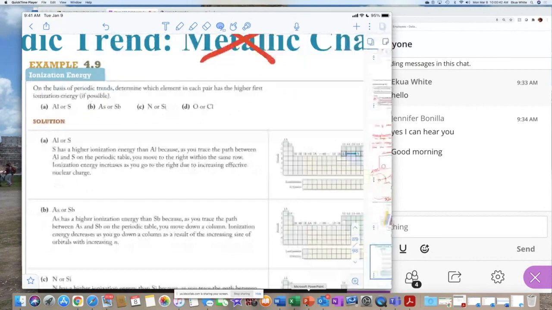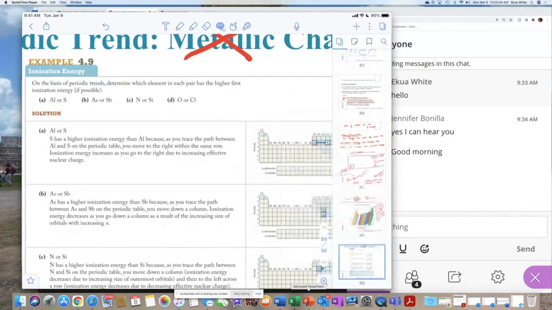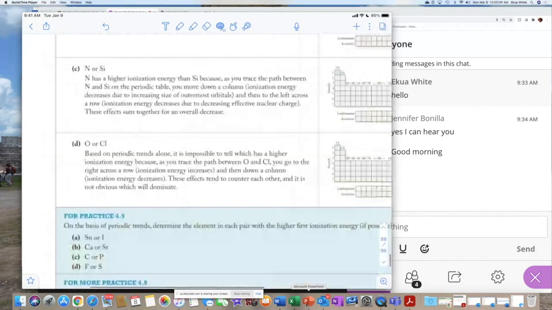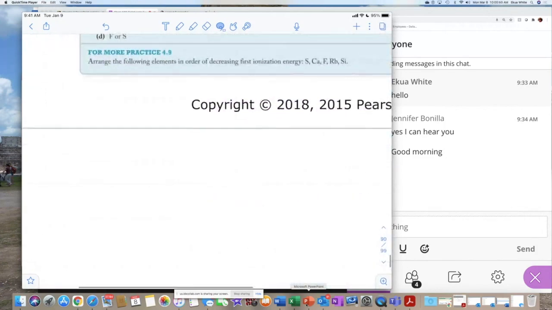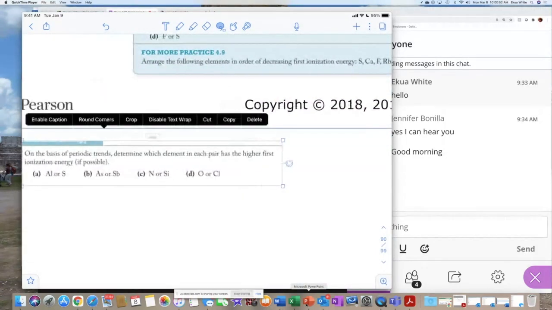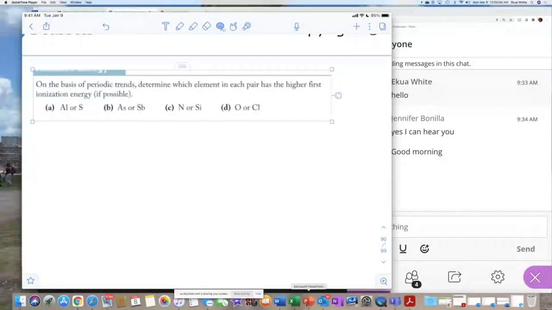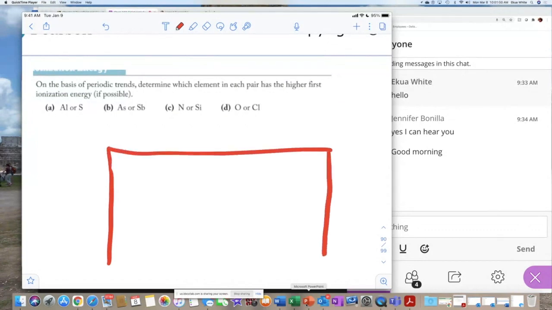Copy this. Okay, let's see. Is that page on here? Okay. So we're supposed to look at periodic trends, right? Just like before. You draw your little table. You don't have to do it this way. I just like the visual. It helps me be focused and it helps me work out more complex problems.